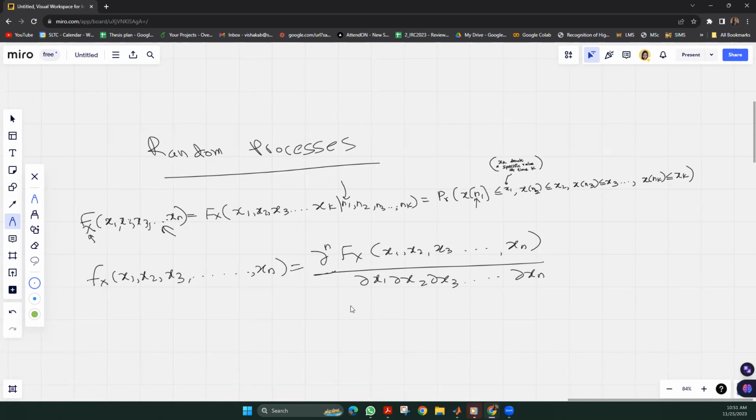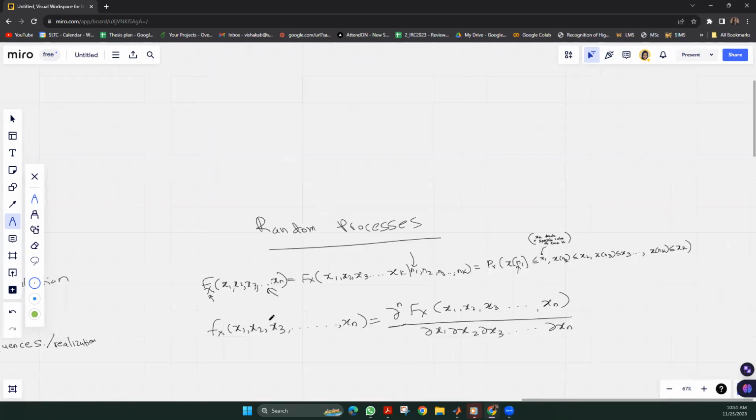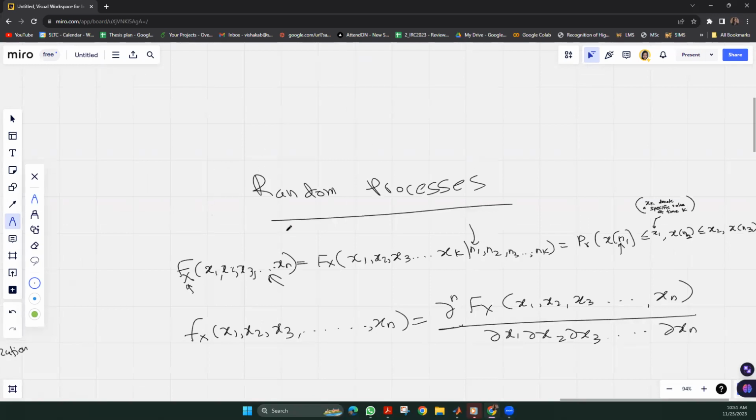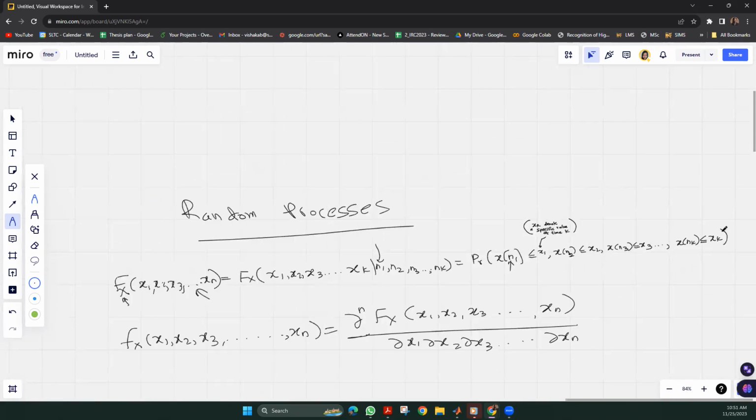So that is basically the mathematical definition of the PDF and CDF of the random process. However, these equations are really long and complex, and they look very complex.